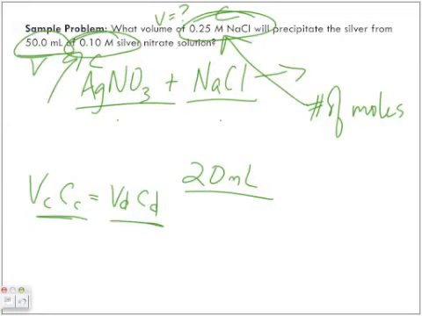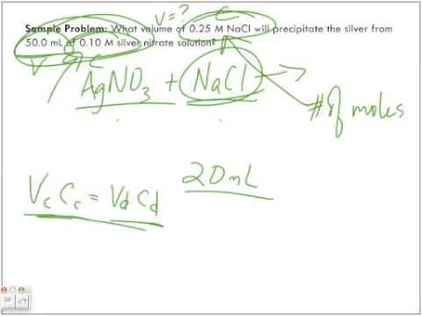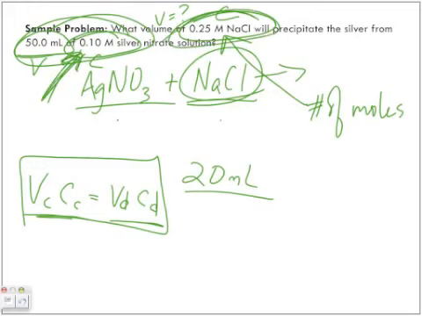So we need to use stoichiometry to figure out the number of moles of silver nitrate, and then use stoichiometry to figure out how many moles of sodium chloride were really used. So we cannot combine, and we cannot really use this equation, because we're actually using two separate things. We're not preparing one of these. We're actually combining the two and trying to figure out how many moles of this will be used and how many moles of that will be combined in our solution.